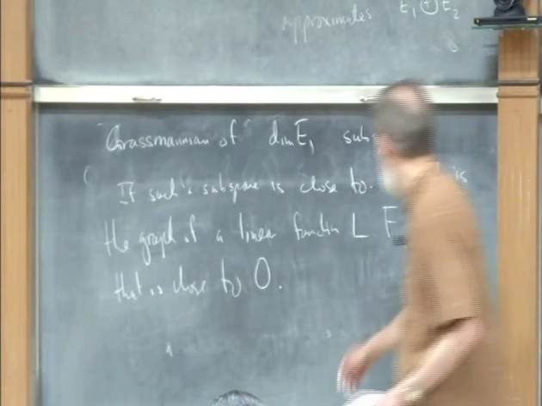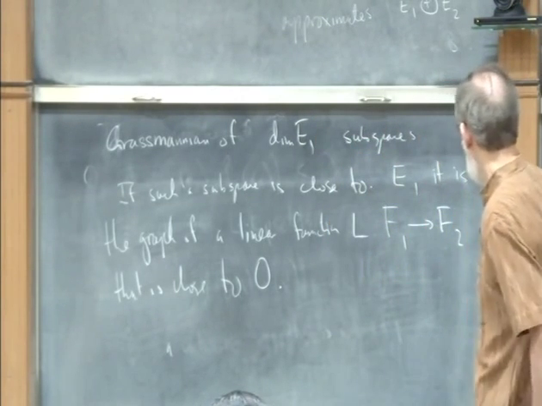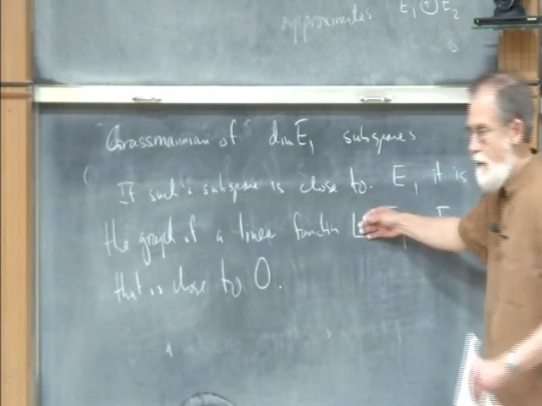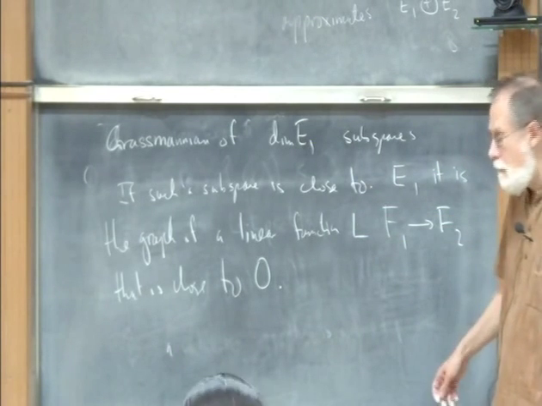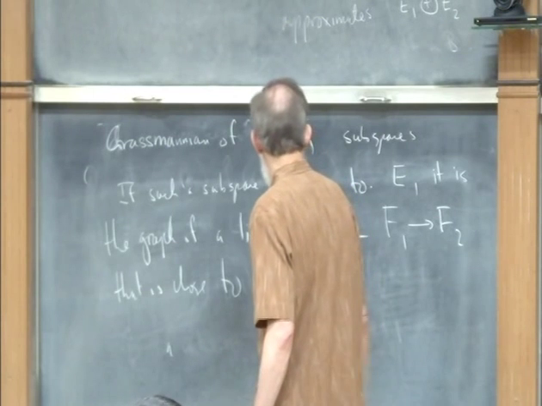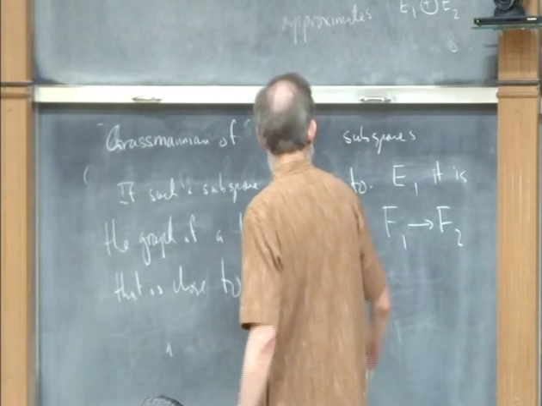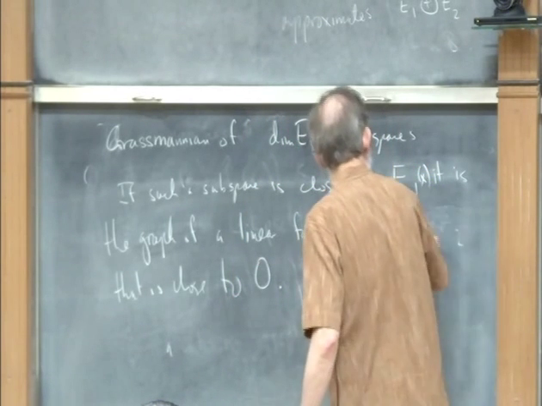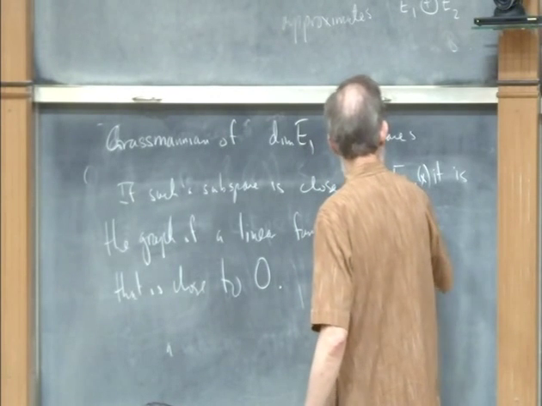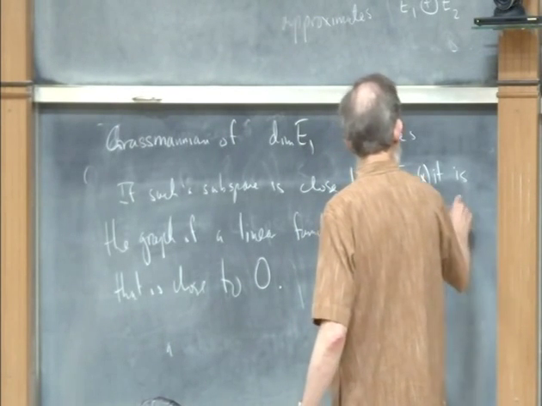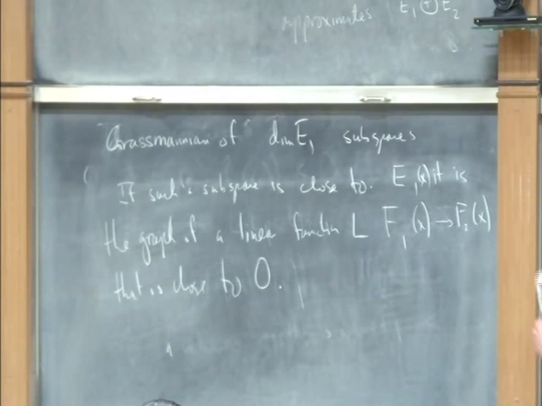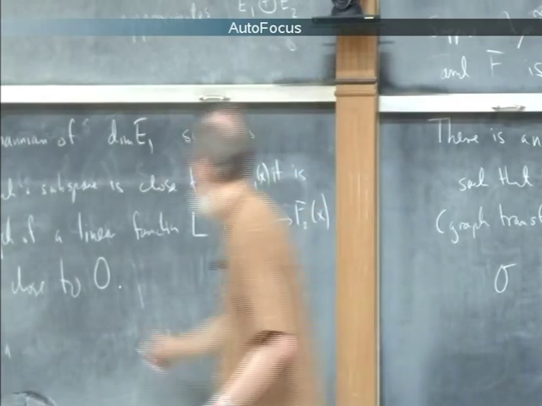And then the linear map dF acts on L. So if I have a subspace that is close to E1 at x, then the map of the base is just the diffeomorphism f.